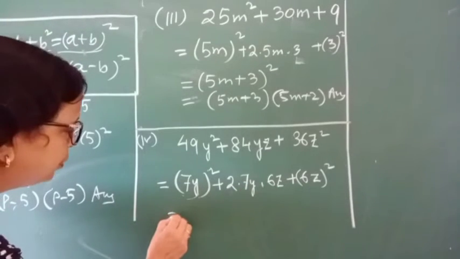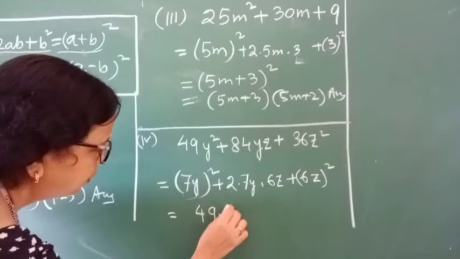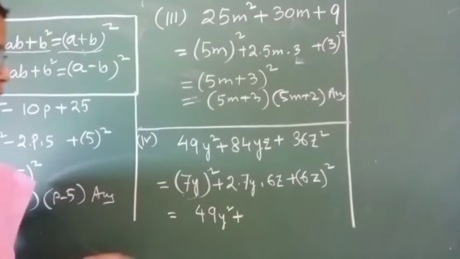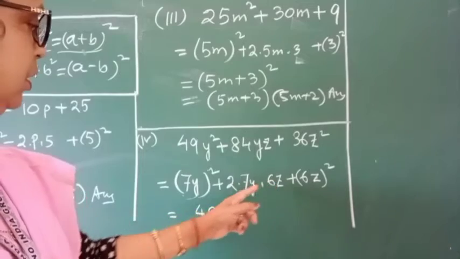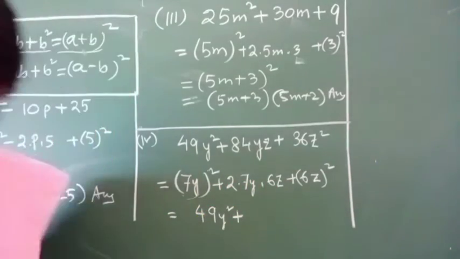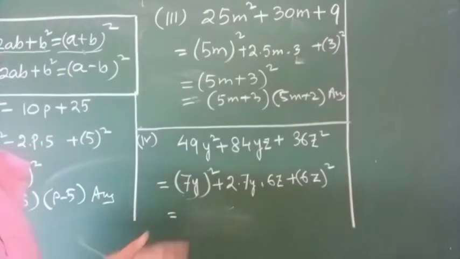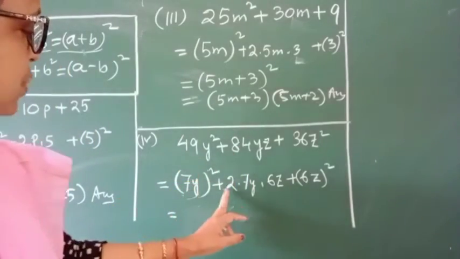Now what we have got here, 7 into 7 is 49 y square plus 7, 6 to the 12, 12 7 is 84. So we will not do this. You can see that we have to, already it has a square plus 2ab plus b square.